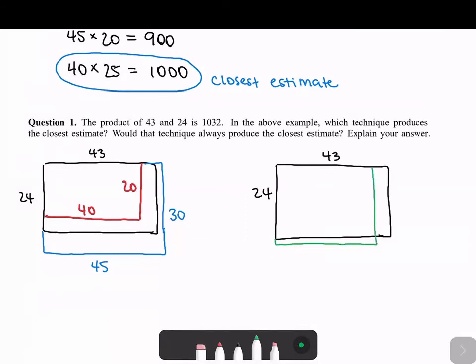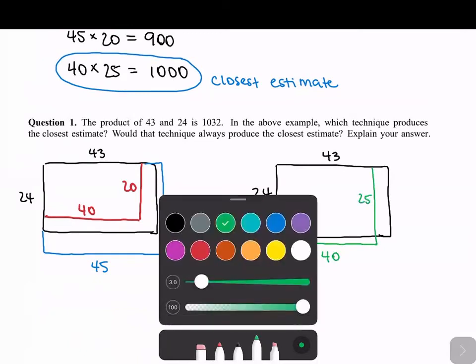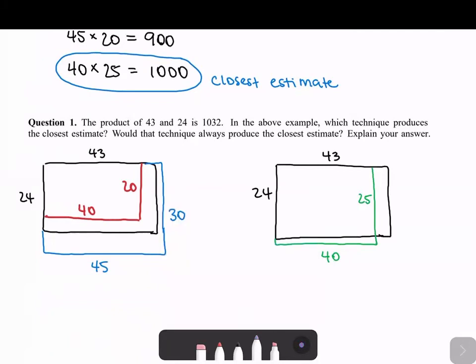And to get 40, it looked like this. So this is 40 and 25. Or if we did 45 and 20, it would look, let's look crooked, 45 and 20 would look like this.